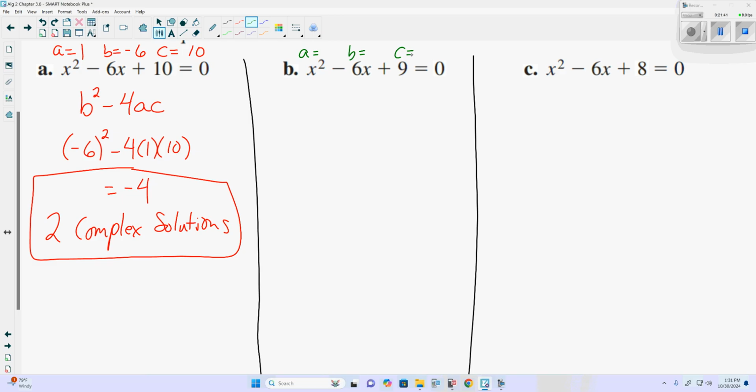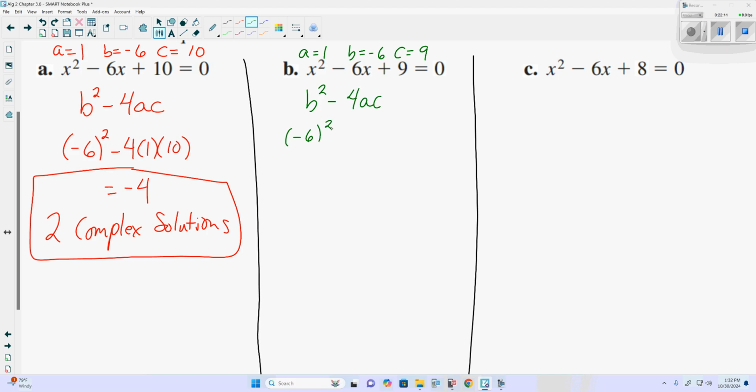Now, one thing I would say on this here, make sure to put parentheses around that b squared, because especially if it's negative, it'd give us a different answer. Now, the next one, x squared minus 6x plus 9 equals 0. Well, a is 1, b is -6, and c is 9. b squared minus 4ac.